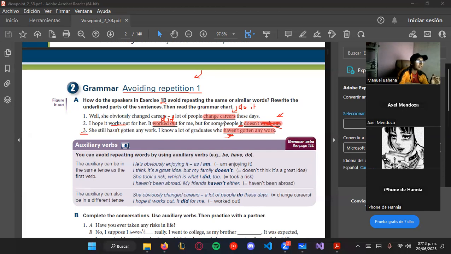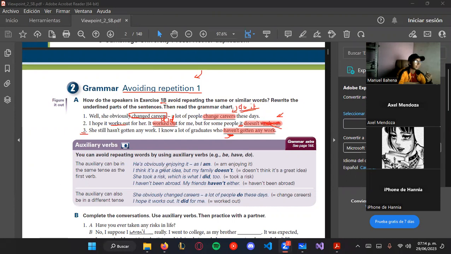For example, here, instead of saying change careers, because it's already here, we said do it, to avoid repetition, okay? Which is the main goal right now. This is what we're checking. How to avoid repetition. Cómo evitar la repetición. Okay?